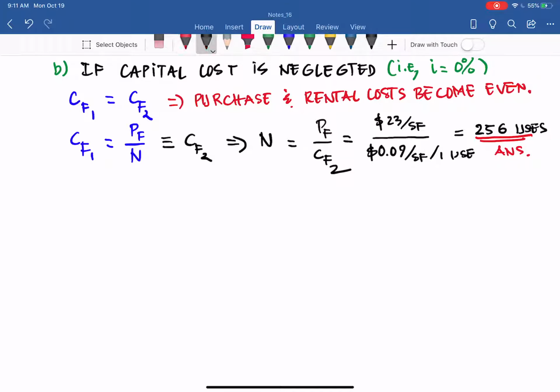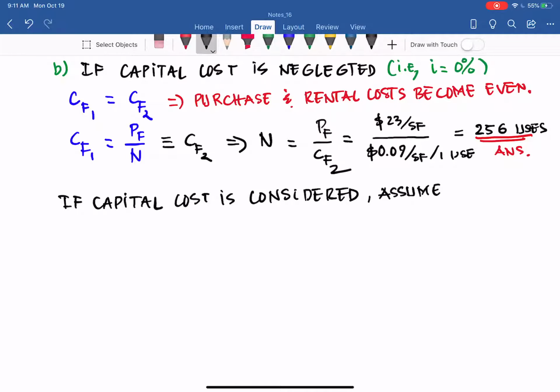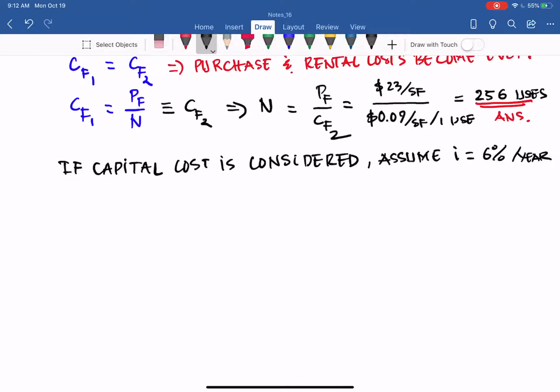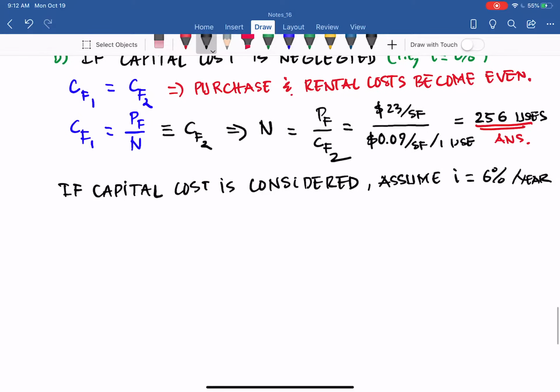So if capital cost is considered, and this is more realistic, let me assume the annual interest rate I equal to 6% per year, which is reasonable in the US. With that, we can apply the above equation, with SN equal to 0.